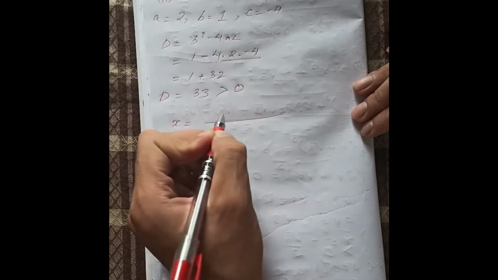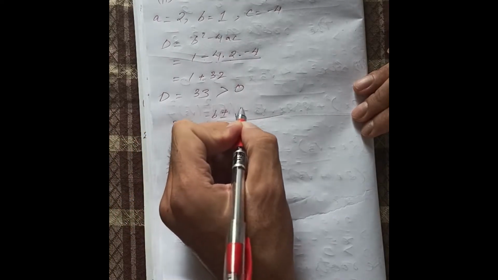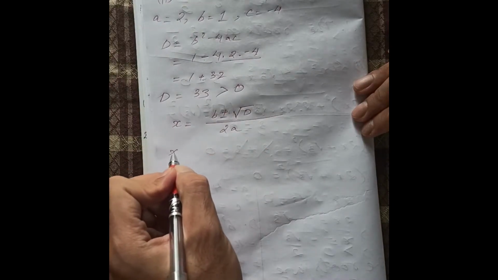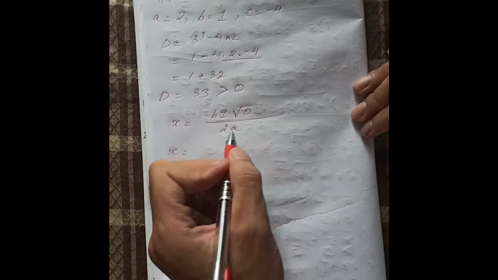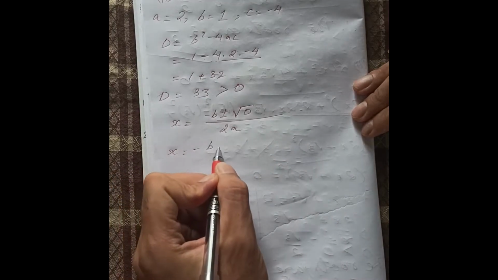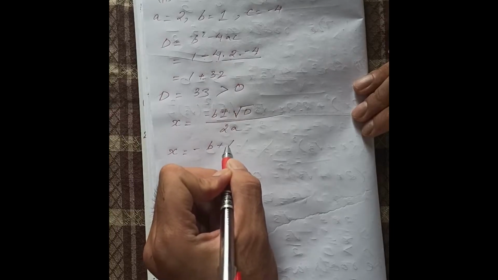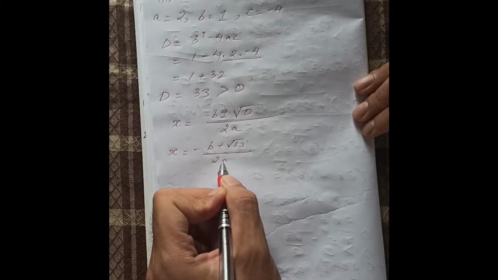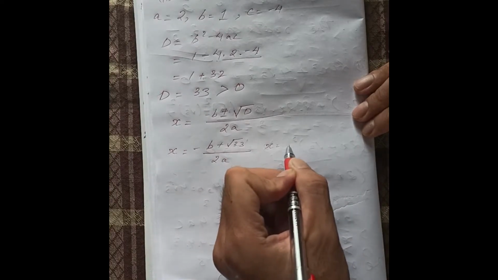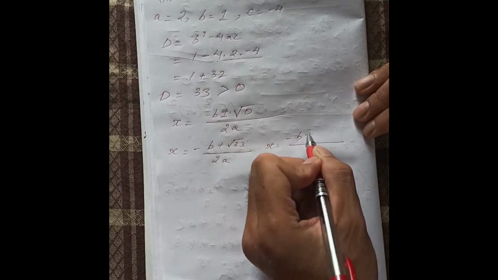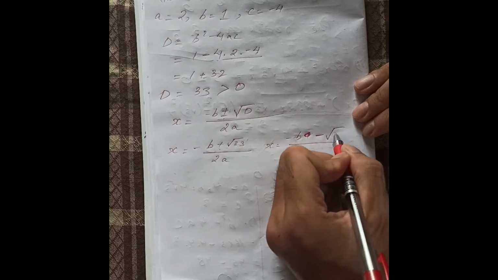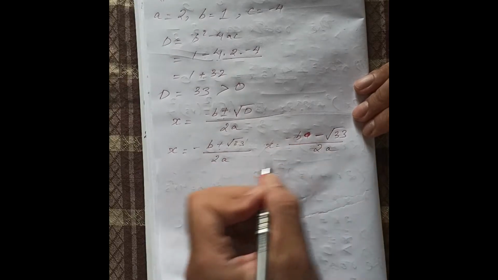So let's find the roots. In order to find the roots, we have to apply this formula: minus b plus minus square root of d by 2a. One root is minus b plus square root of 33 by 2a, and the other one is minus b minus square root of 33 by 2a.